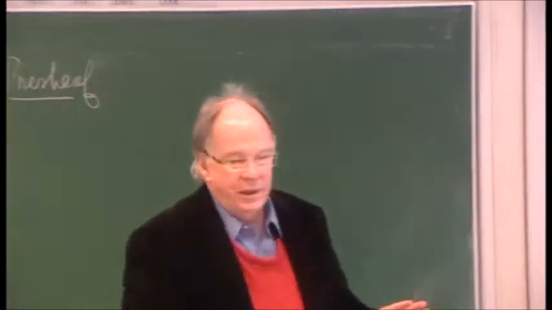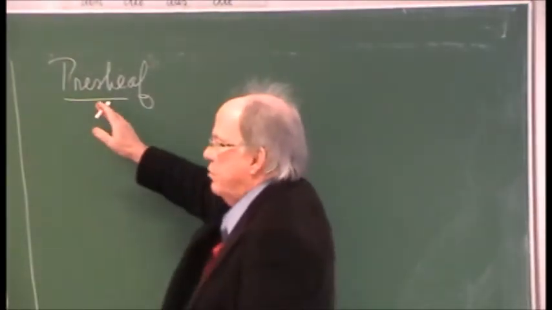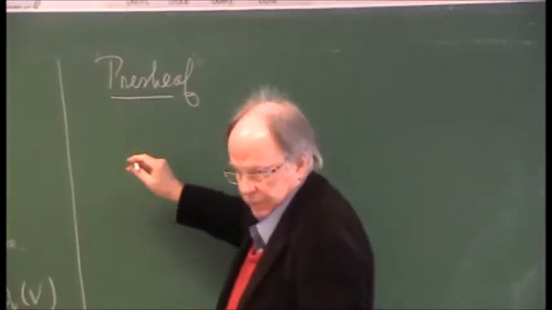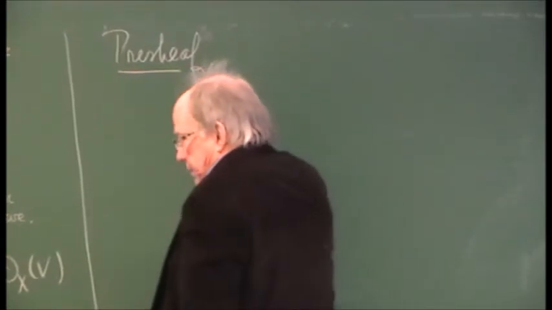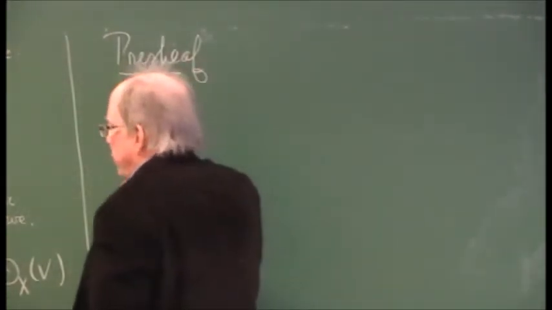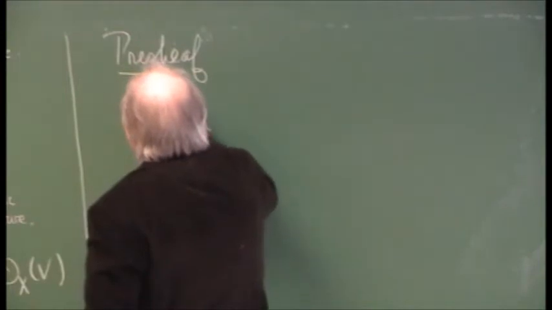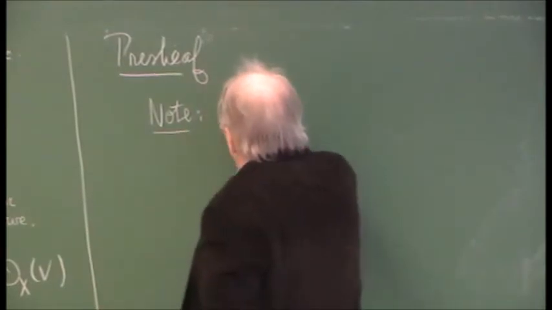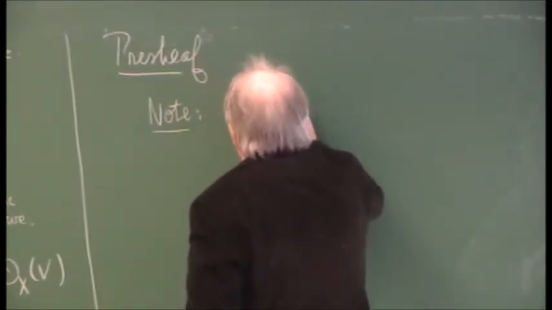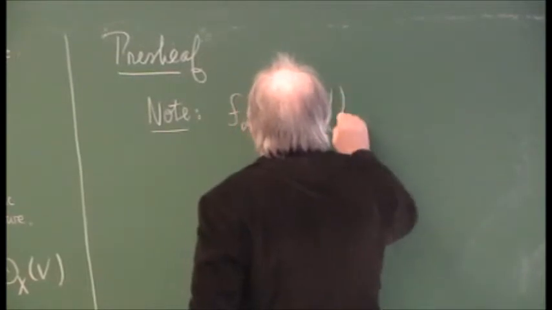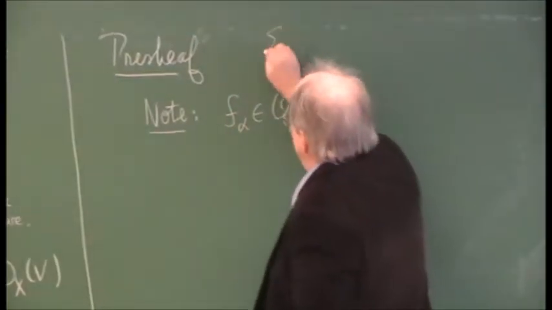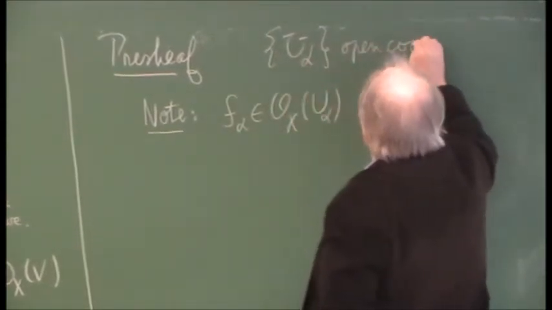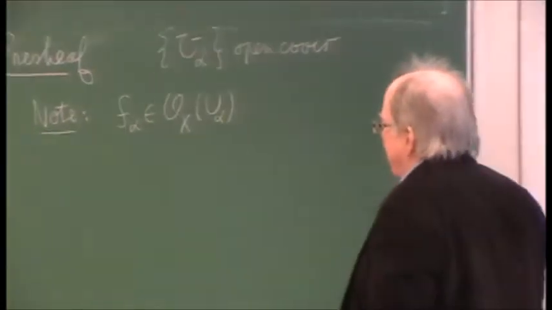Now you'll see in a minute why I want to keep this word pre. I will dump it in a minute, but let's leave it there. Let me just note that if you have f alpha in OX(U alpha), so you take an open covering, this is all trivial, but I just note these obvious facts.